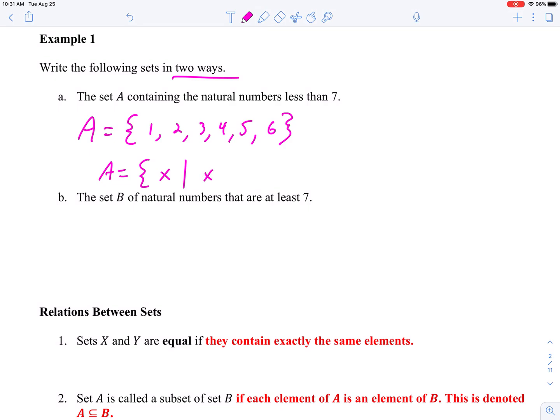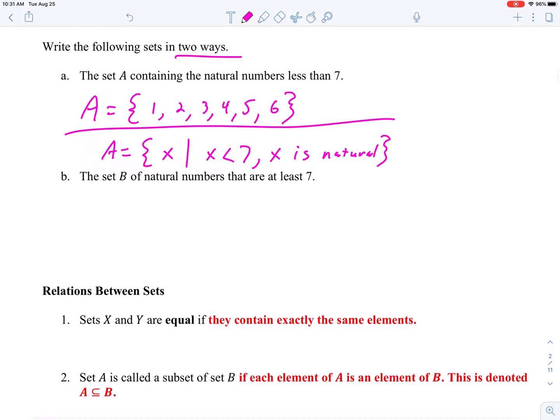Such that X is less than 7, comma, X is natural. So there are two parts: X has to be less than 7, but also X has to be a natural number. These are just two different ways to write the same statement in part A.